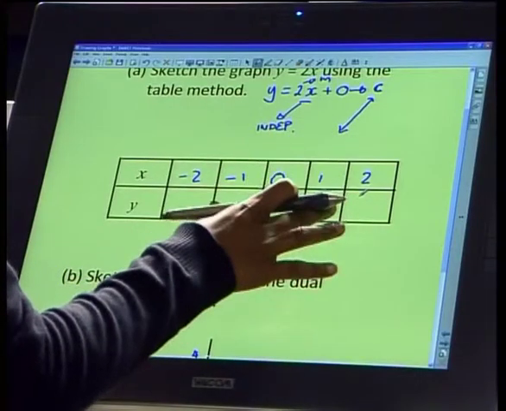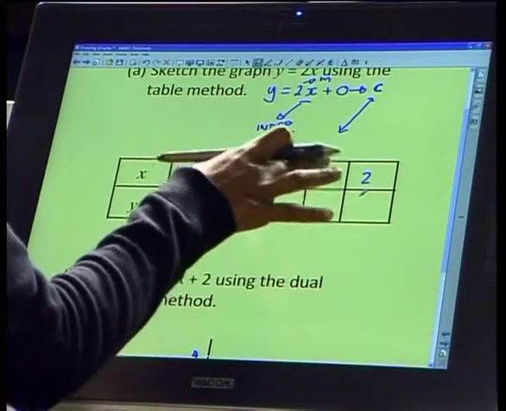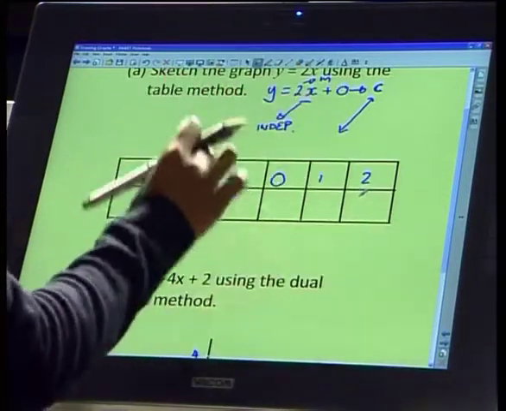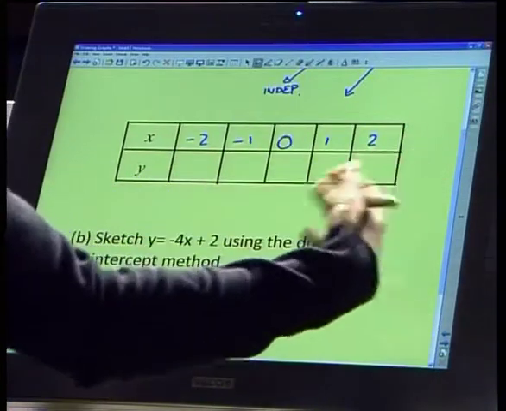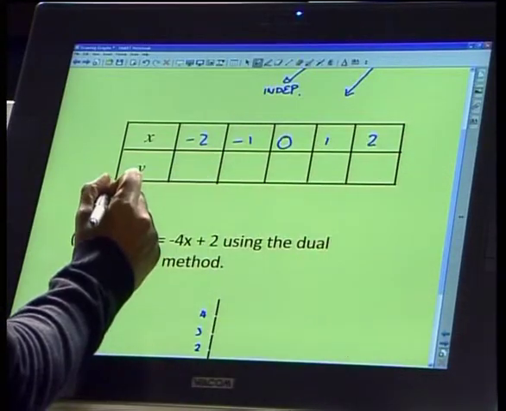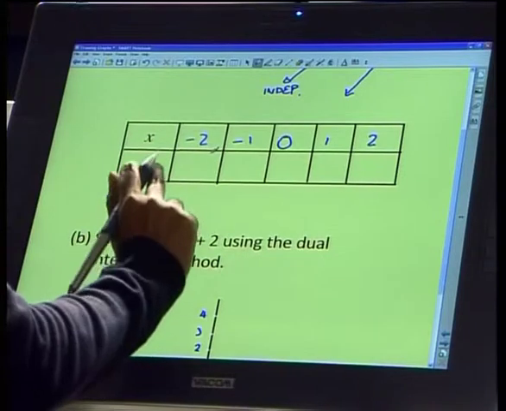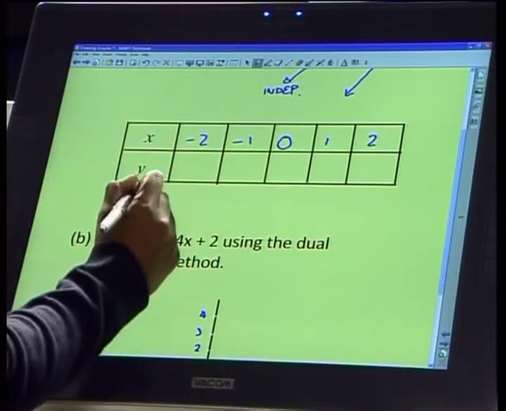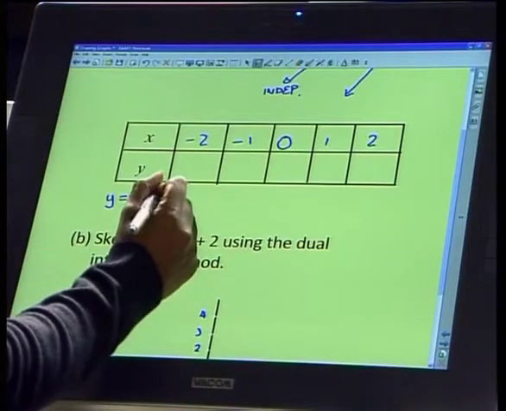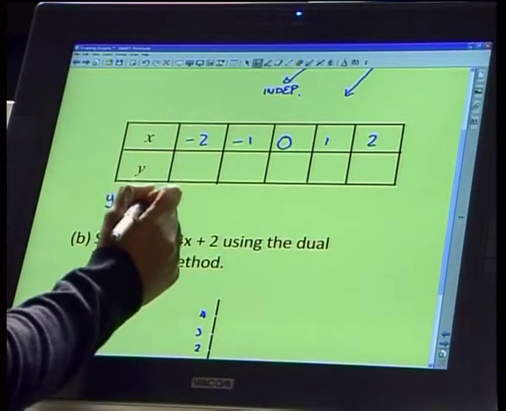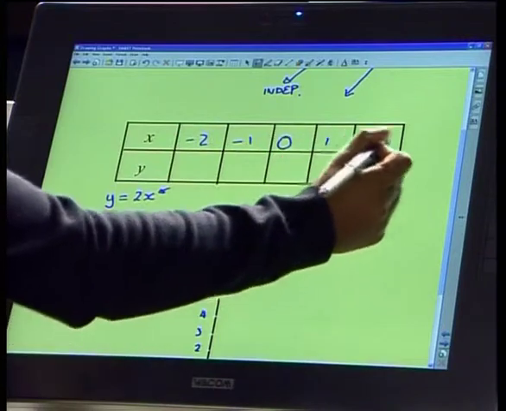We want to find what the values are that depend on these x values that we have chosen. Remember, you can use anything you like. The more points you use, obviously, the more accurate your graph will be. In order to determine the y values, we are given the formula y is equal to 2 times x. And remember, x is the placeholder for all these x values.